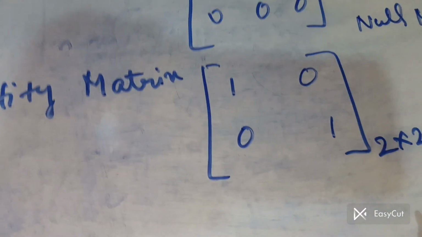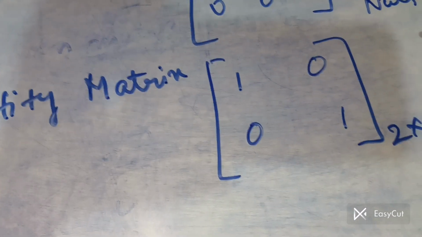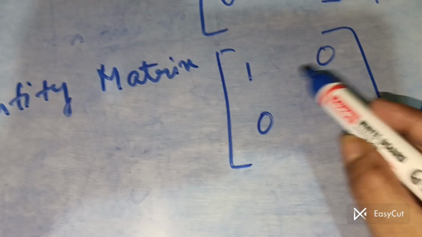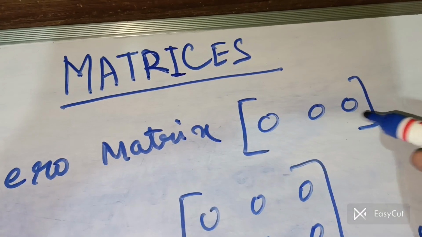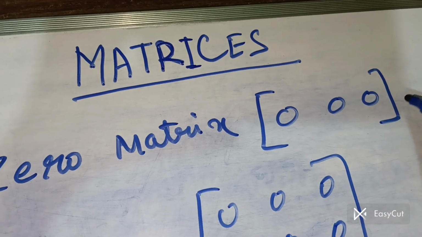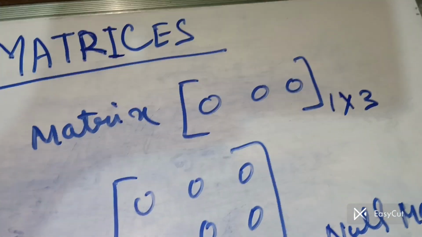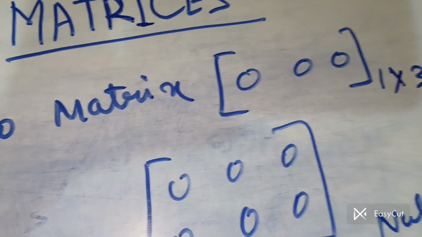Now, what is a square matrix? Square matrix means, as in a square all the sides are equal, so here it will be 2, here also 2, 2 by 2. Not like this. See, this matrix is not a square matrix. Why? Because it has only one row and 3 columns, so it is 1 by 3. When the number of rows and number of columns are the same, then it is called a square matrix.